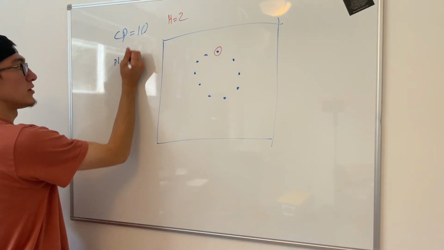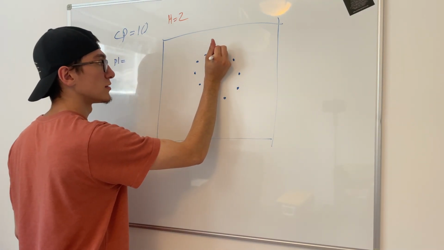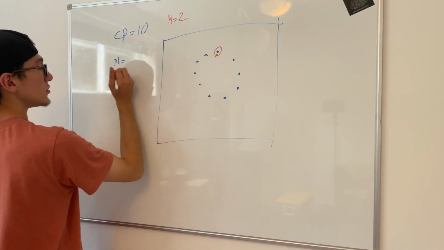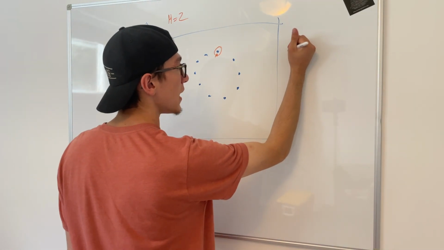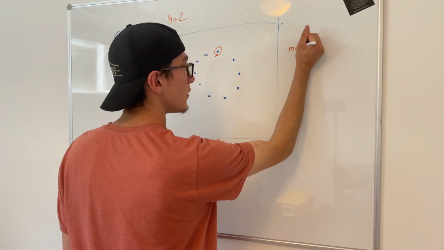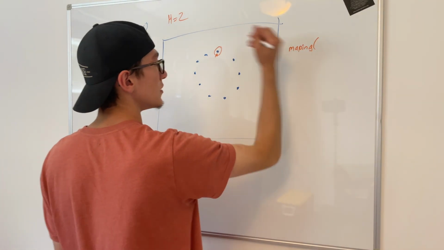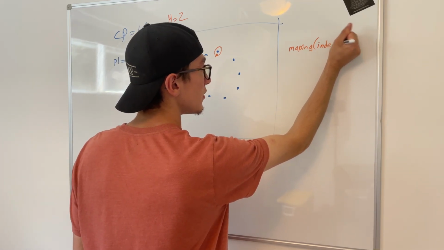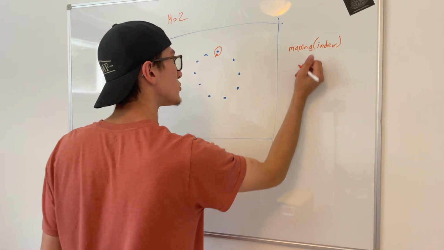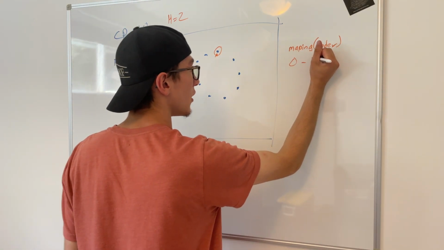So we'll have a line that goes from this point to, and this point we get from mapping the I, or the index of the point, to a range between 0 and 2 pi, right?